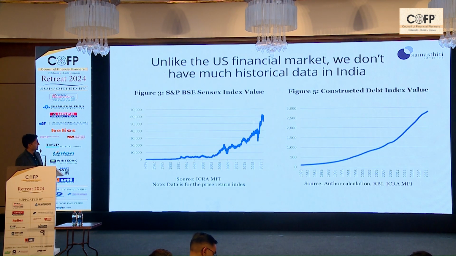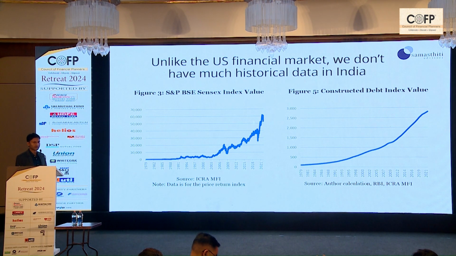And what we did in this research was, first we looked at historical data, because the way you calculate safe withdrawal rate is you look at what the markets have done historically. Now, unfortunately, this is a bit of a problem for us planners in India because we don't have much data, right? So Sensex data, 1979, that's when Sensex data is available.